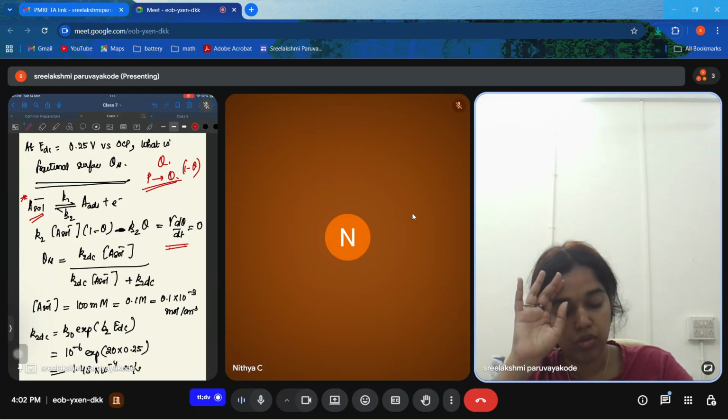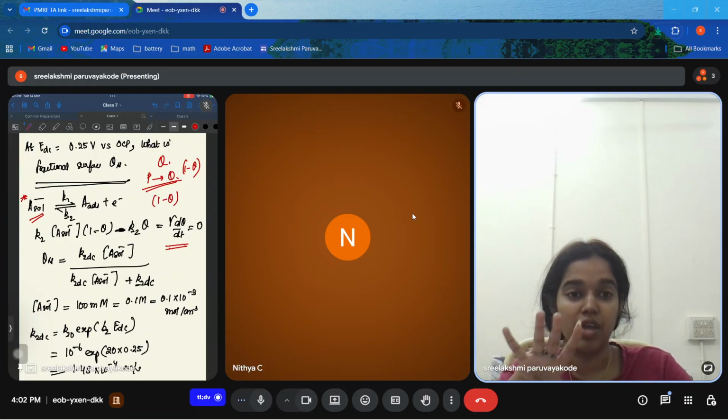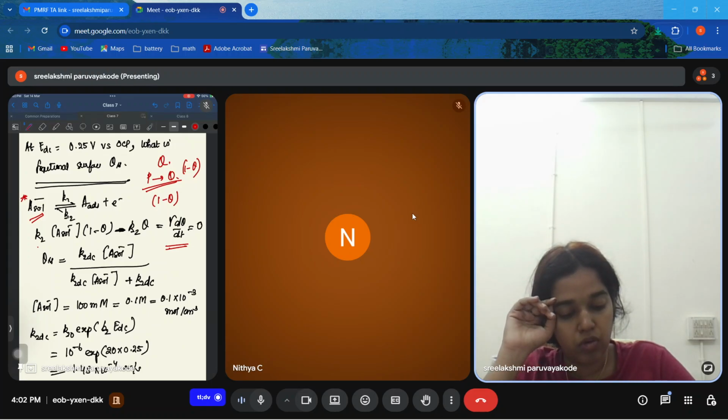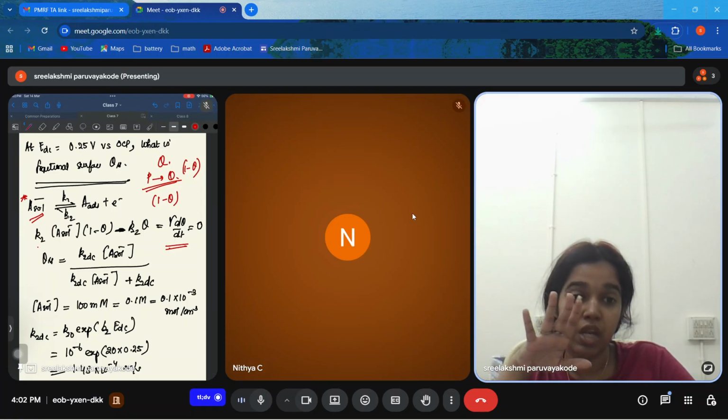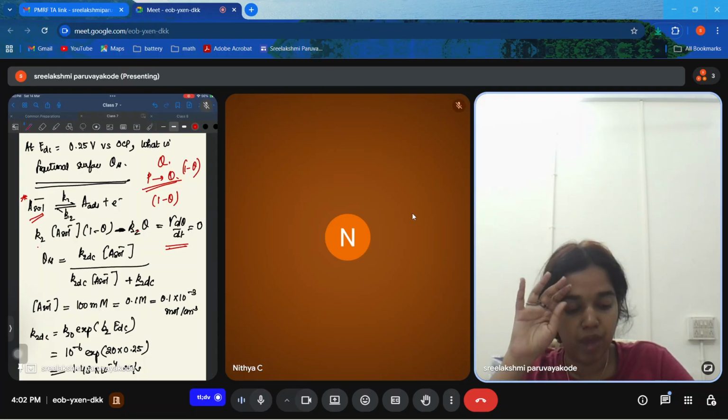So that step also involves 1 minus theta. Why? Because that is also progressing in those areas where metal is not covered with A adsorbed. So, K2 into A solution, which is the rate of the forward reaction, times 1 minus theta, because the entire surface of the metal is not available, minus the backward reaction, K minus 2 into theta.